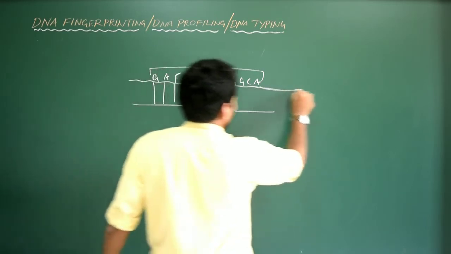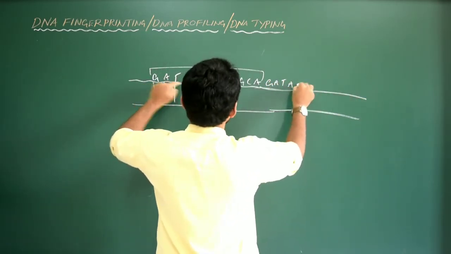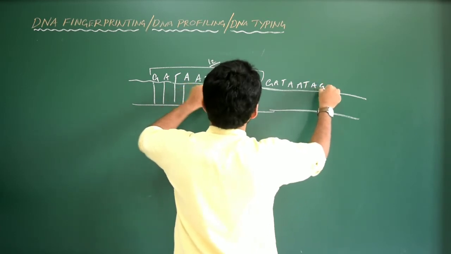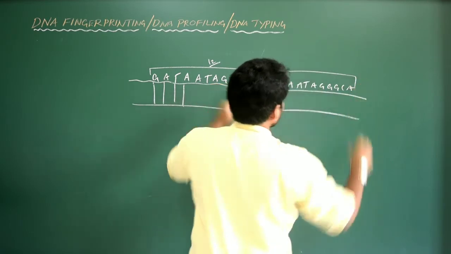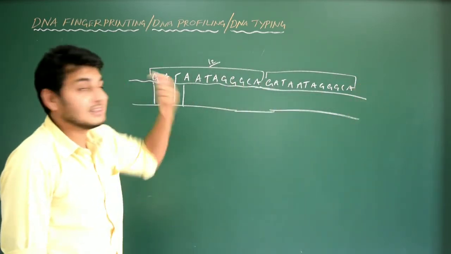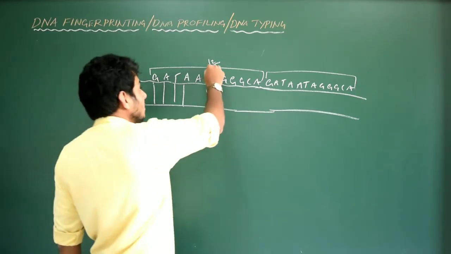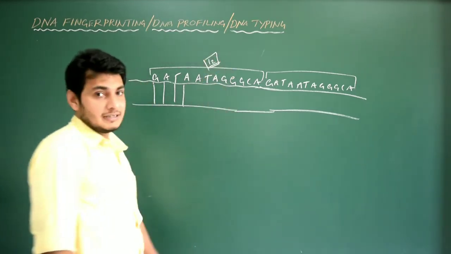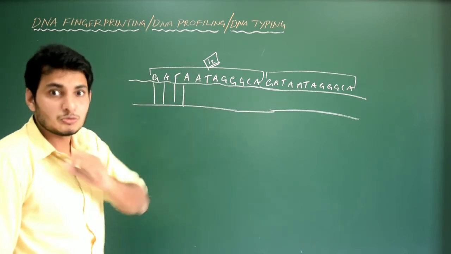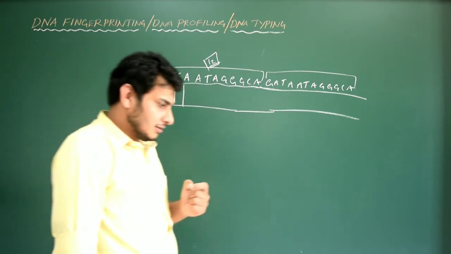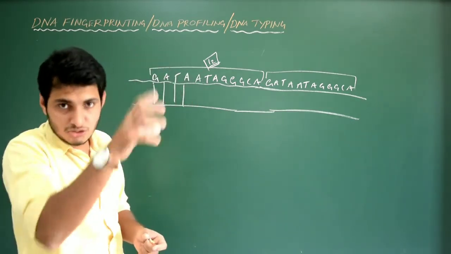Now I am going to repeat the same here: GATA, AG. That means this is repeated twice, or it could be thrice, it could be 4, 5, 6 repeats, and each sequence contains 12 nucleotides, so it's very long. It's not easy to develop a band in the agarose gel electrophoresis.